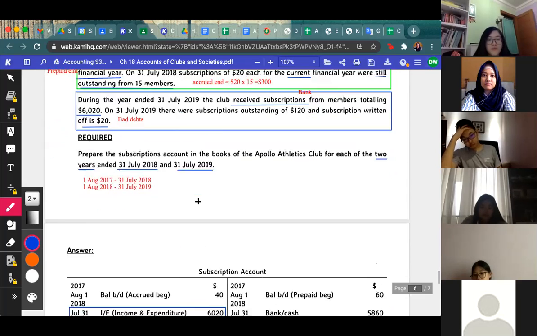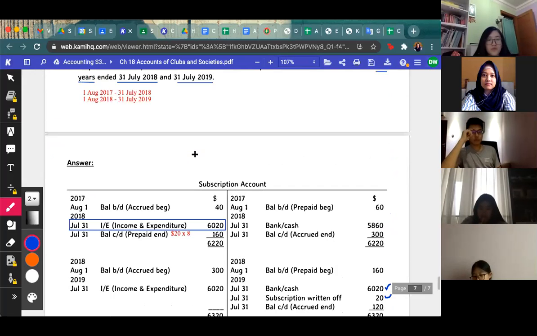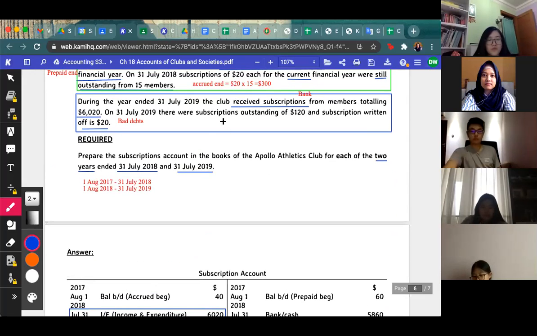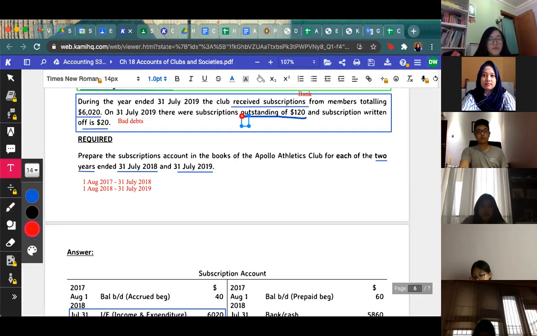Okay. So we continue, if you have an income and expenditure account of 6,020, and then it said you have an outstanding $120 at the end of the accounting period, you have another accrued at the end.